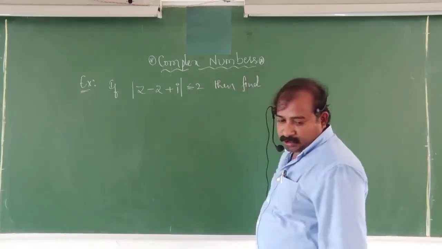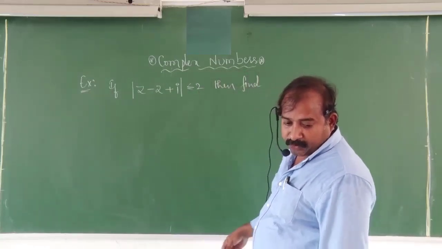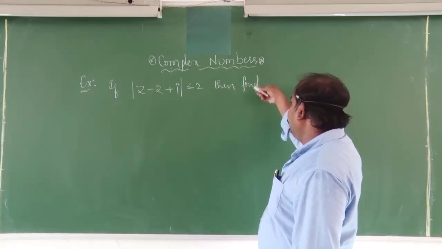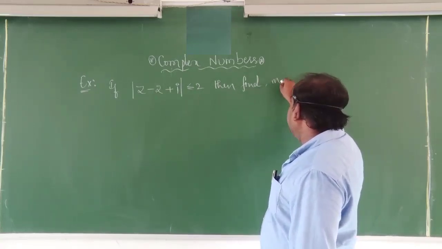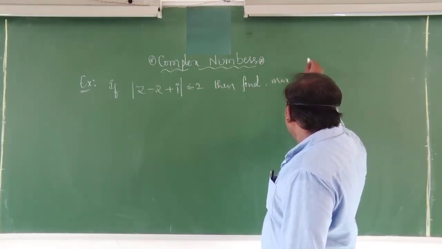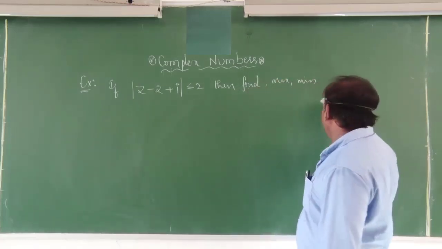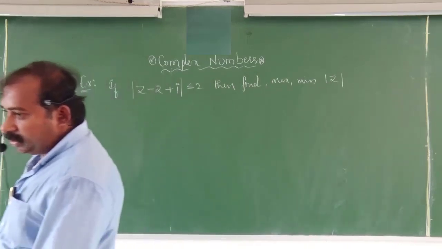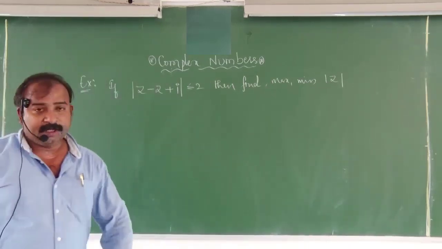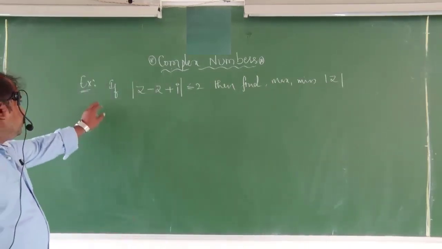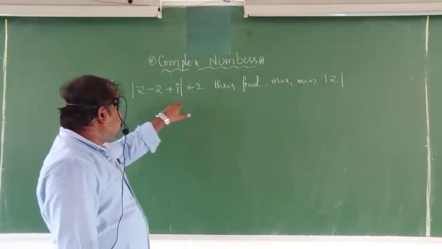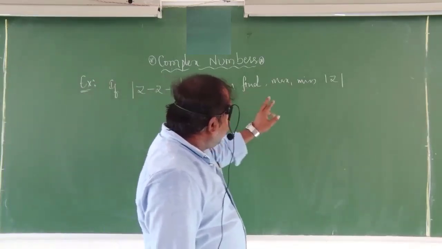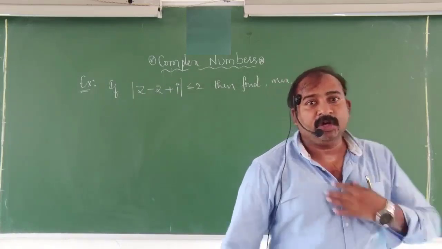Then find the maximum and minimum values of mod z. This is the bit, ma'am. This kind of bits we already completed. Once again, if modulus of z minus 2 plus i is less than or equal to 2, then find the maximum and minimum values of mod z.